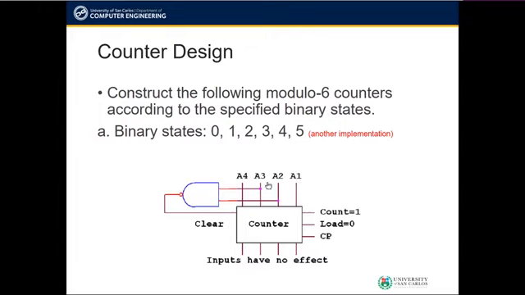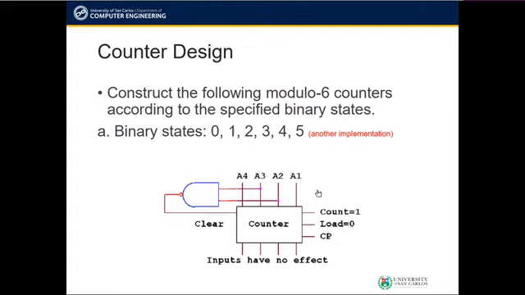When that happens, A3 and A2 will both be zeros again, and so the counting operation continues starting back at 0, and thus the binary counts of 0, 1, 2, 3, 4, and 5 shall keep on repeating.